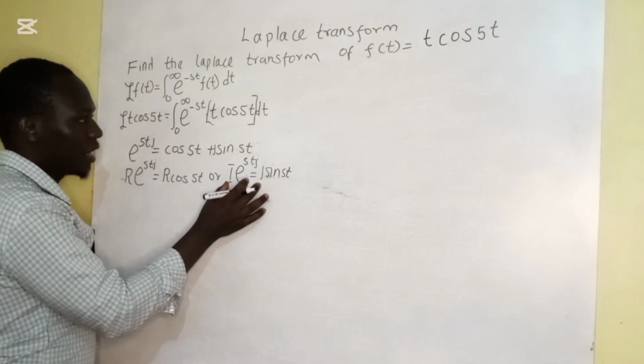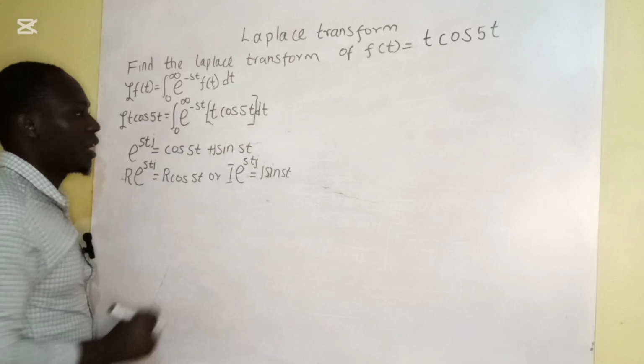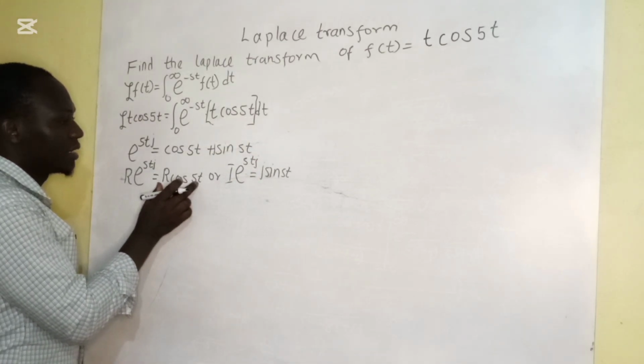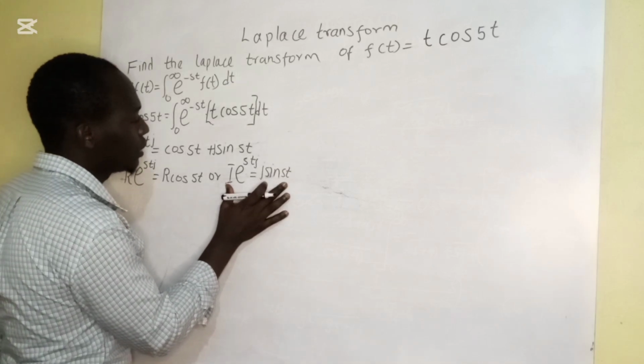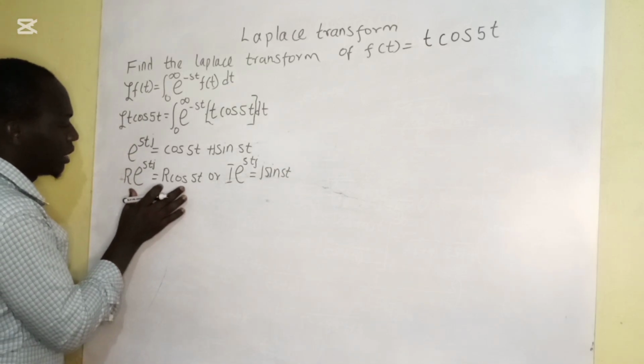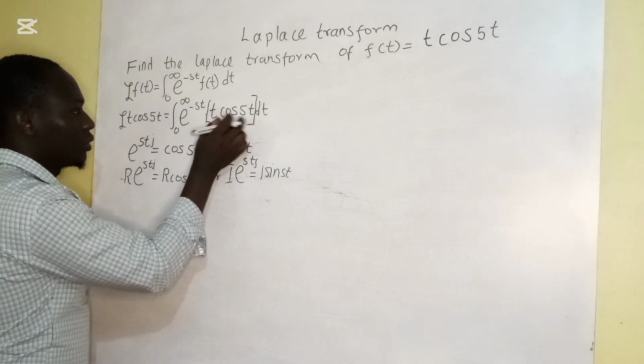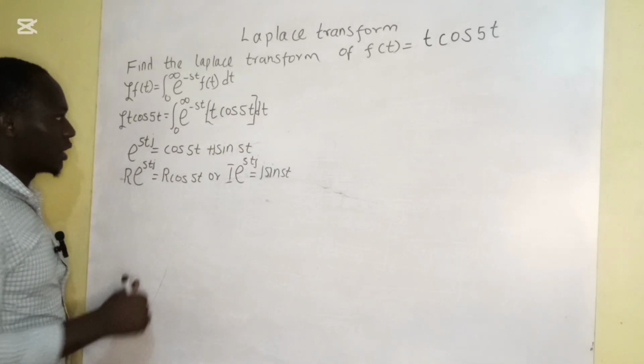This one stands for the imaginary, but when you check here, we have our cos 5t. We stand for the real side, to mean that we are not going to use this side and we are going to take the side of cos. We've only changed cos 5t into an exponential.